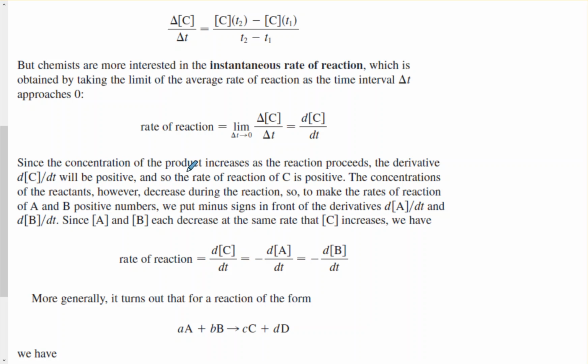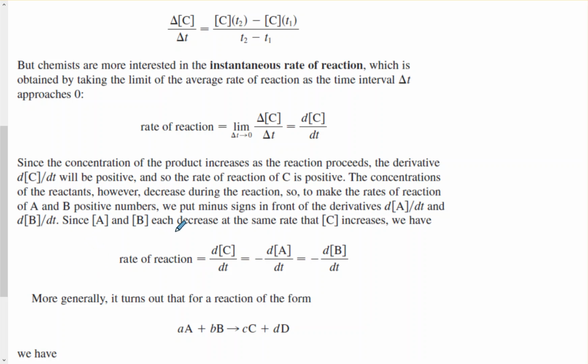Since the concentration of the product increases as the reaction proceeds, the derivative will be positive, and so the rate of reaction will be positive. The concentrations of the reactants, however, decrease during the reaction. So to make the rates of reaction of A and B positive numbers, we put minus signs in front of the derivatives dA dt and dB dt.